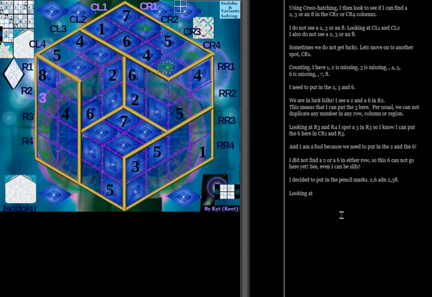Looking at are 2. We need the 1, 1 is missing, 2, 3, 4, 5, 6, 7 is missing, 8 is missing.